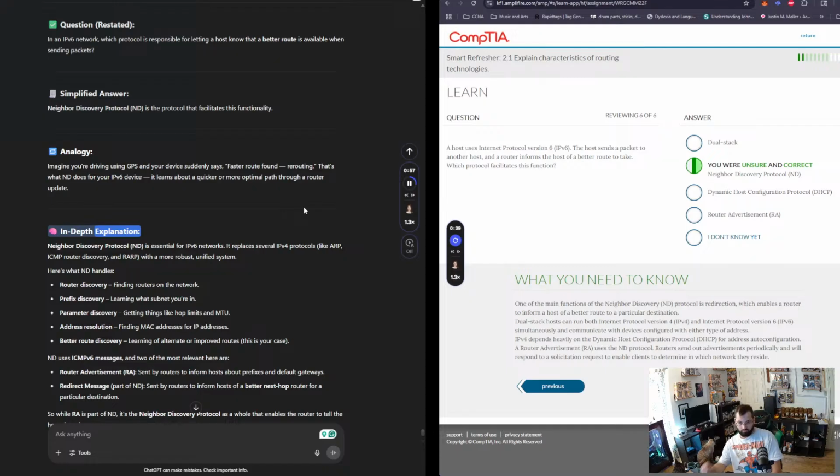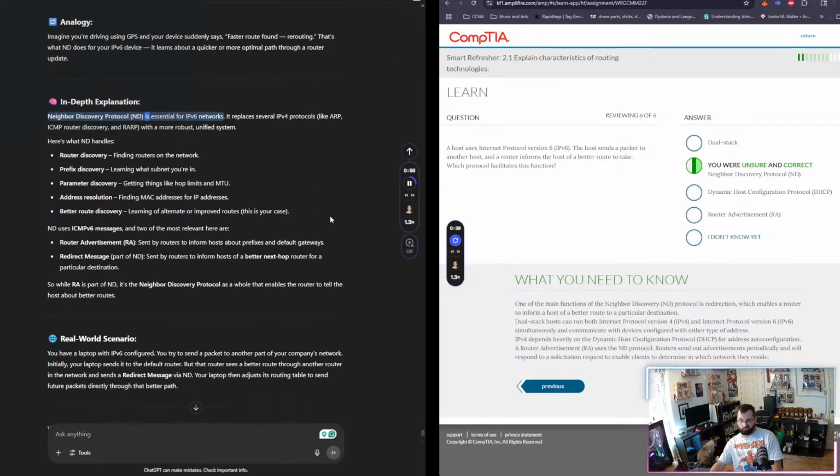It learns about a quicker or more optimal path through a router update. In-depth explanation: Neighbor Discovery Protocol (ND) is essential for IPv6 networks. It replaces several IPv4 protocols like ARP, ICMP router discovery, and RARP with a more robust unified system. Here's what ND handles: router discovery, finding routers on the network; prefix discovery, learning what subnet you're in; parameter discovery, getting things like hop limits and MTU; address resolution, finding MAC addresses for IP addresses; better route discovery, learning of alternate or improved routes.